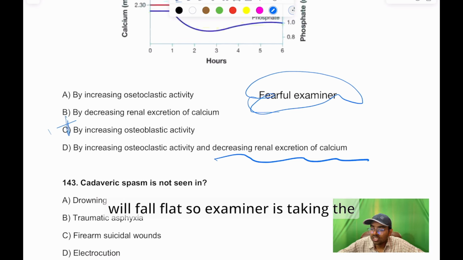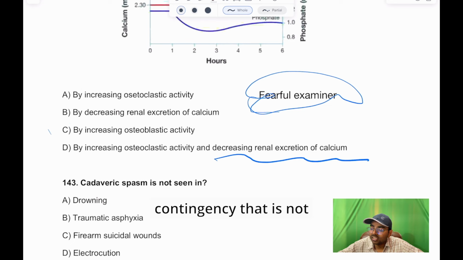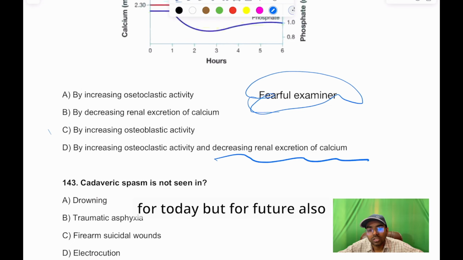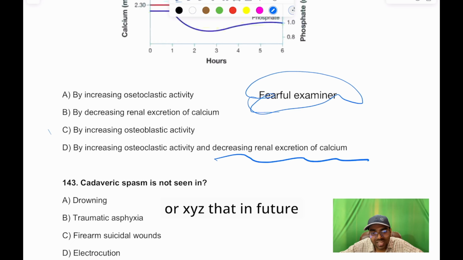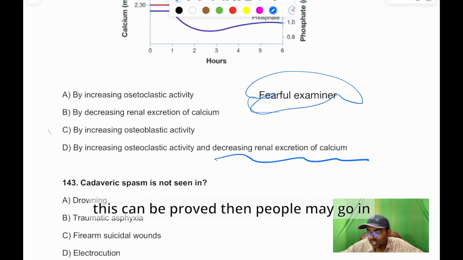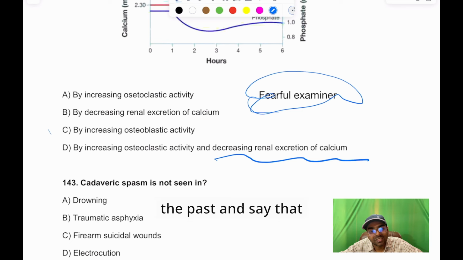So the examiner is taking the contingency not just for today but for the future also. Till the copy is being checked, or in future, this can be proved, and then people may go back and say that this was a wrong answer.